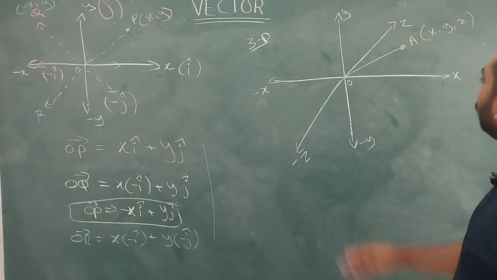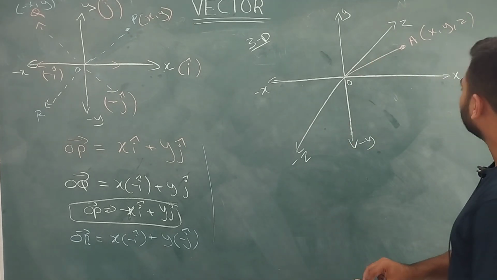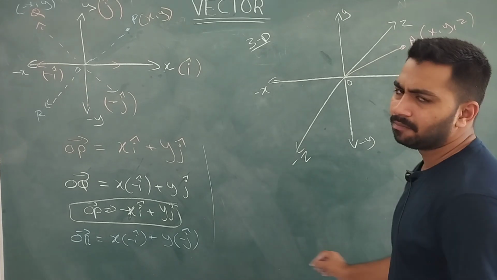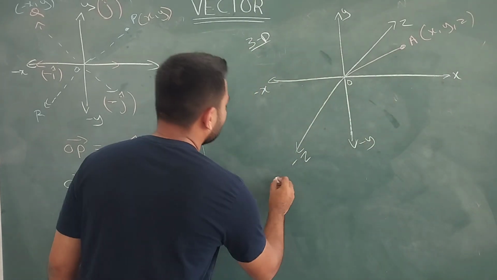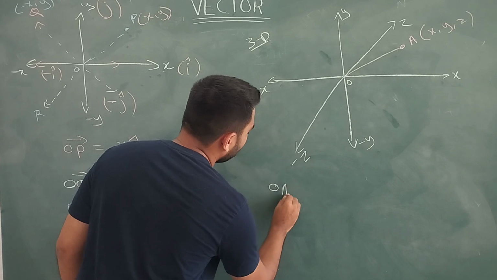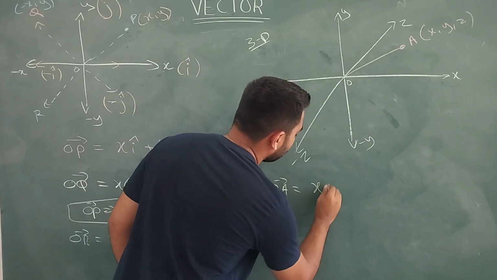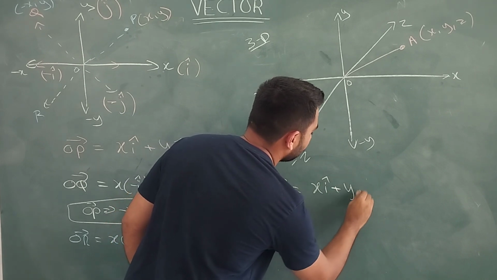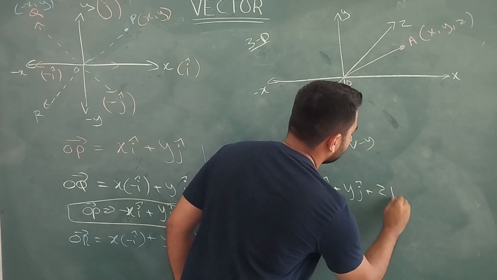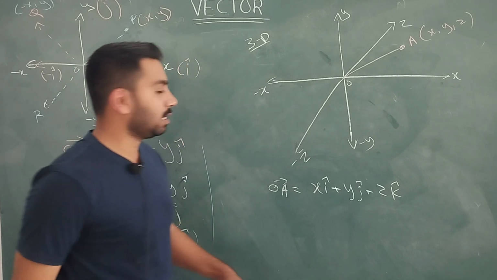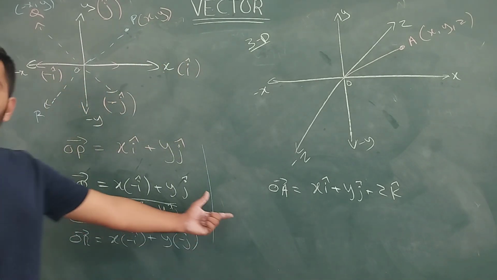Now for this, how can you write? Very simple. Same thing. OA vector is equal to x i plus y j plus z k. That's all. Now this is the vector.